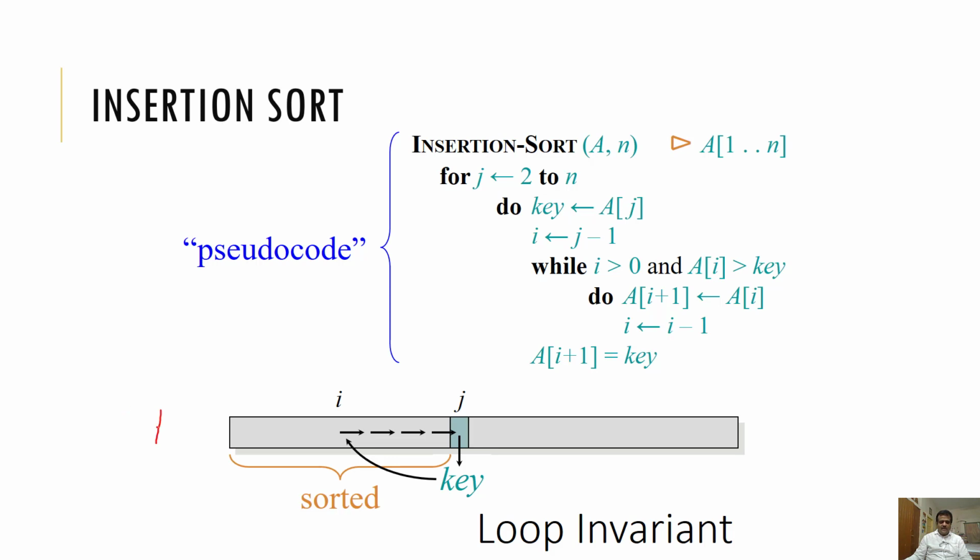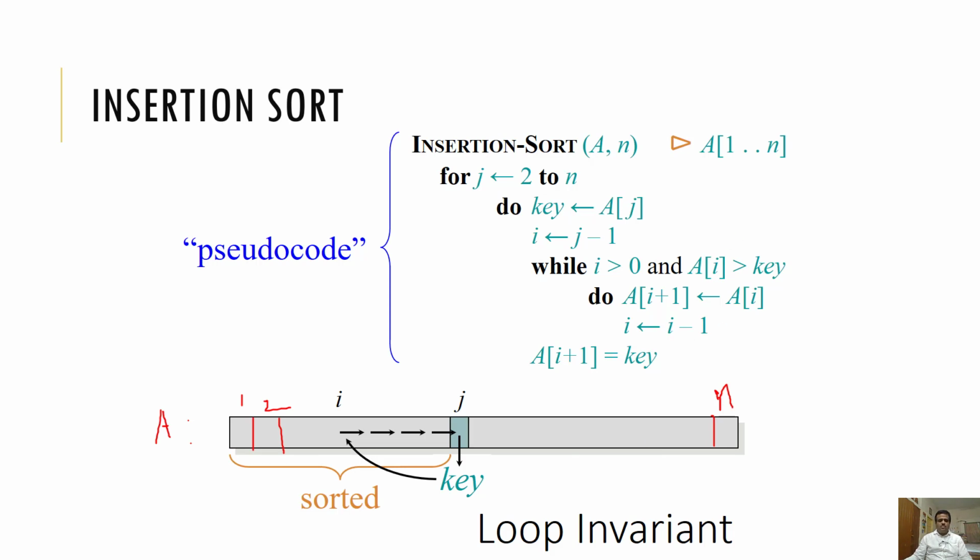This array is indexed starting from 1, then a second index 2, and finally ending with n. So, this array is from 1 to n, and we have n numbers in this array. That is the input, and we need to sort those numbers.